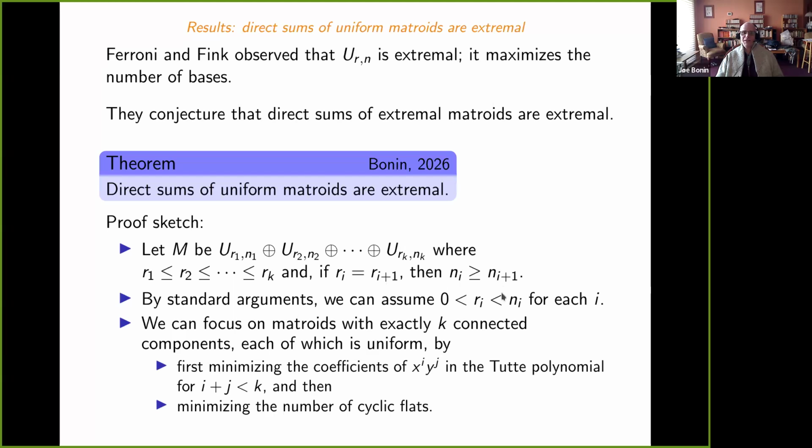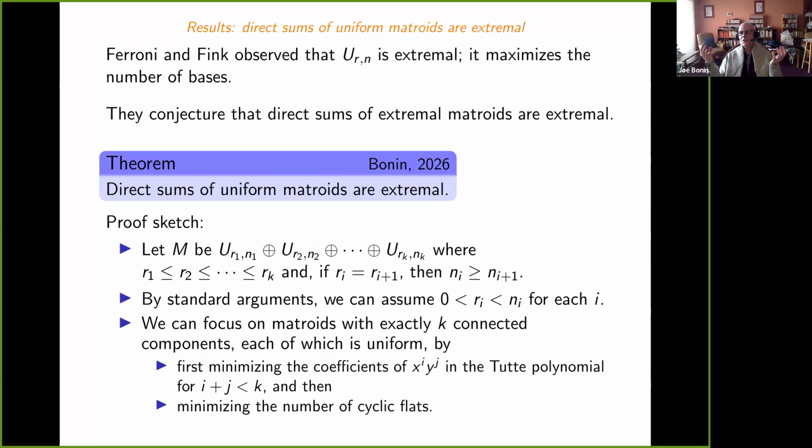Now, with standard arguments, you can deal with loops and co-loops. So I can actually assume each of these is a connected matroid of rank greater than 0, no co-loops, okay? So the significance is that this now actually has k components.